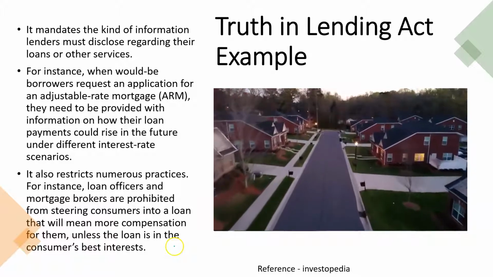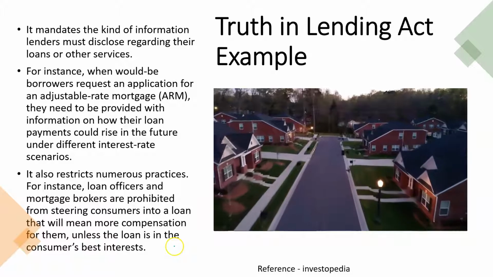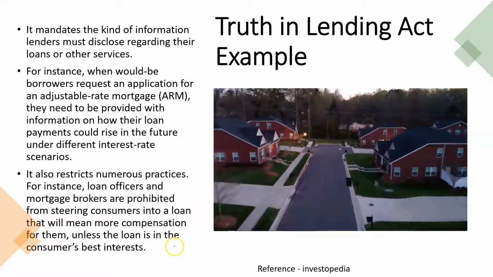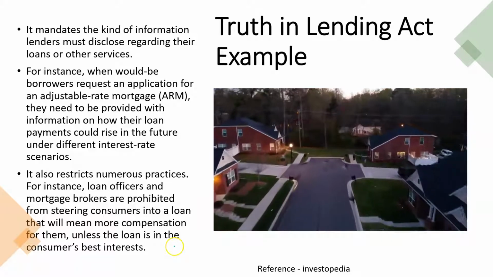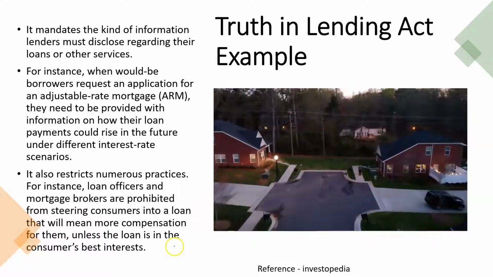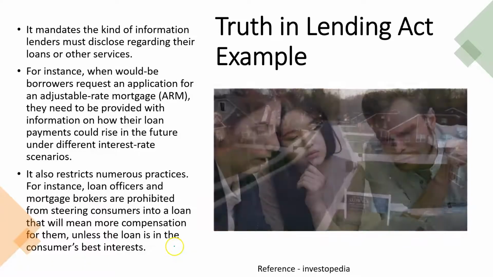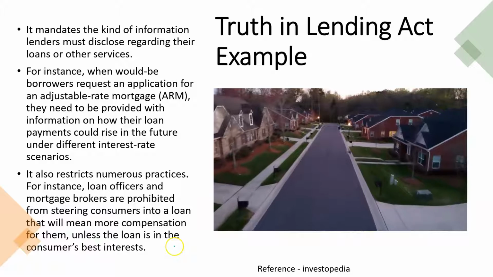So for instance, loan officers and mortgage brokers are prohibited from steering consumers into loans that will mean more compensation for them unless the loan is in the consumer's best interest. So in other words, whenever you're dealing with a loan agent or anyone involved in the real estate process who's going to be benefiting, getting some kind of commission, there's an agency problem.